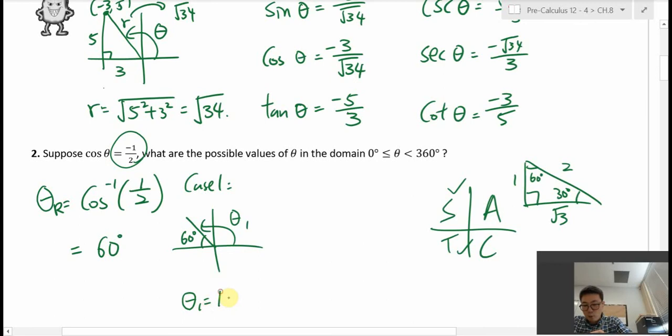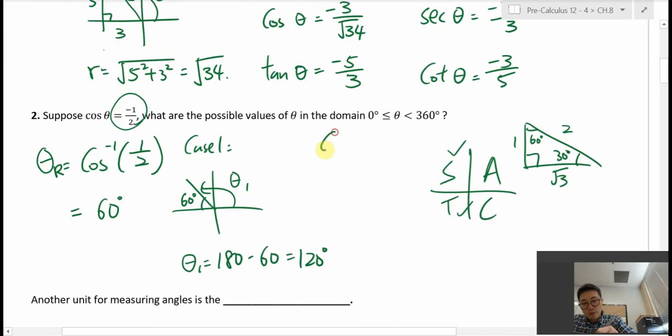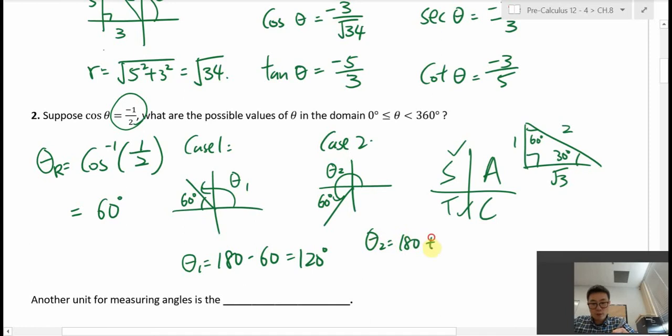This is going to be 180 minus 60, which is 120 degrees. Or you could have this in the third quadrant, because that's where cosine is also negative. There is my theta 2. Again, this is 60 degrees right here. So theta 2 would be 180 plus 60, which is 240 degrees.